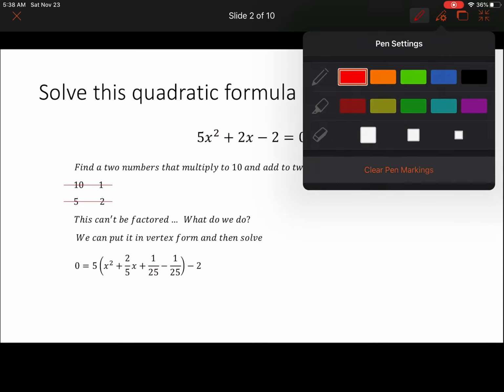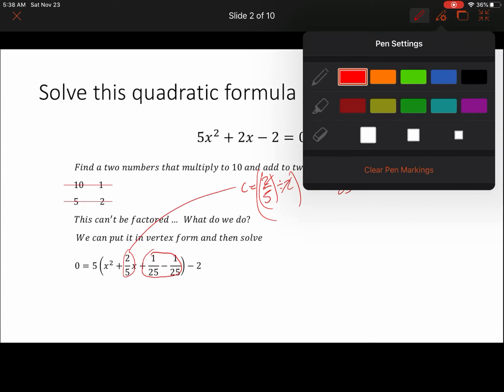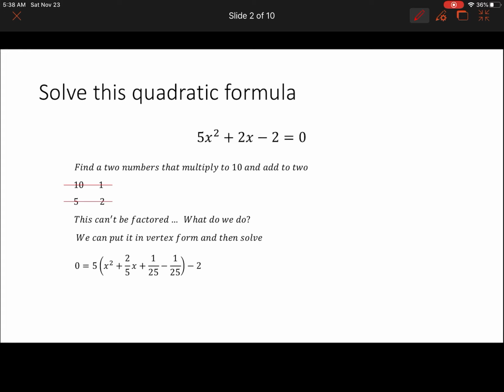And that's how we got this. Then we asked ourselves, what do we need to do? We need to add and subtract a number. To complete the square, we take this number, 2 over 5, divide by 2, and then square it. That's 1 over 5 squared, which is equal to 1 over 25. And that's how we got 1 over 25 minus 1 over 25.